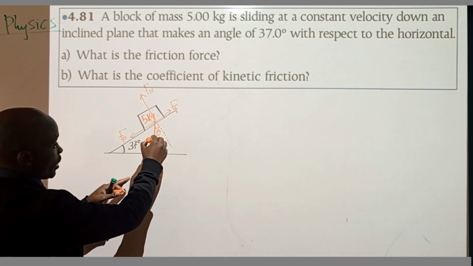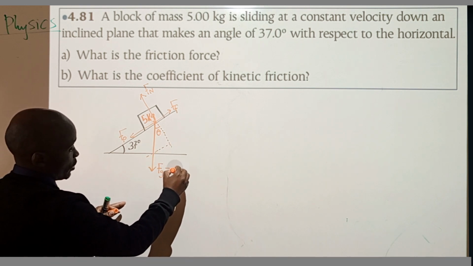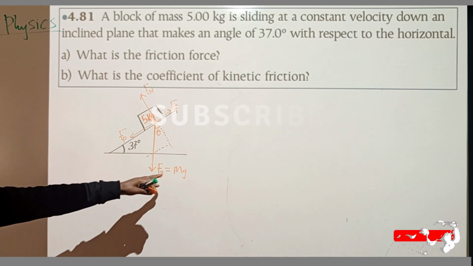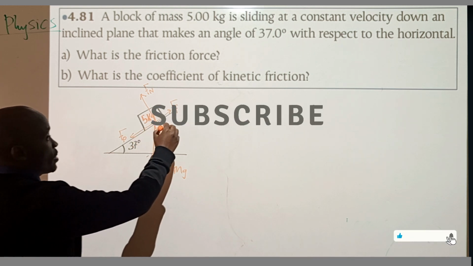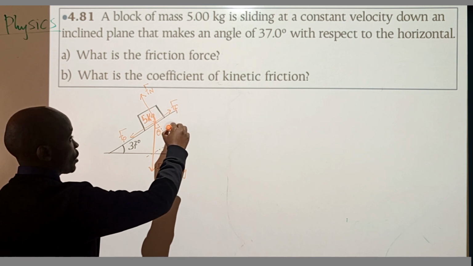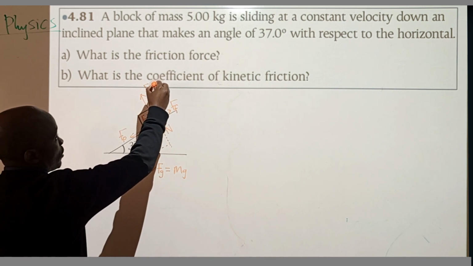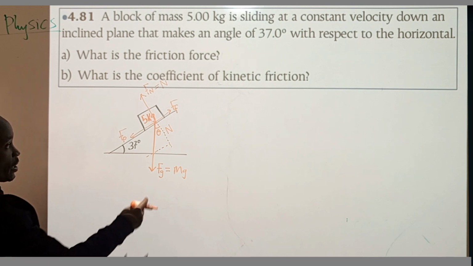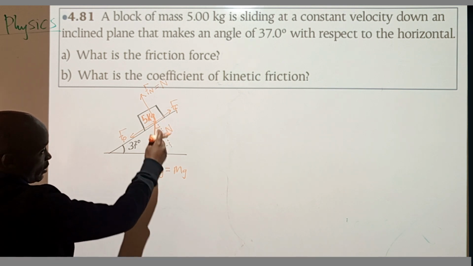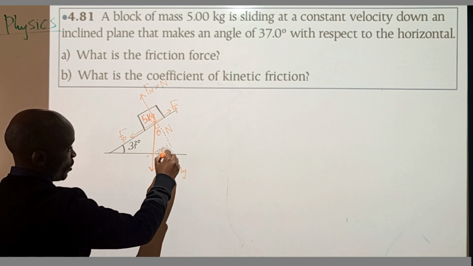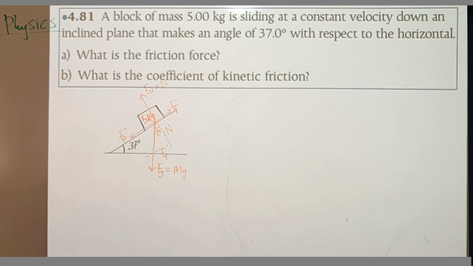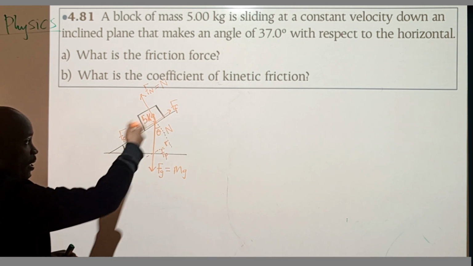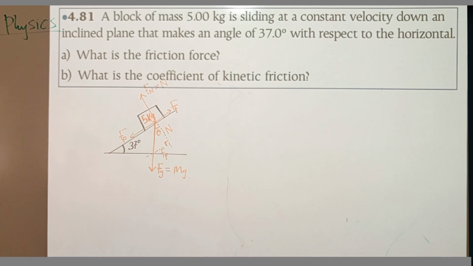Given this is Fg, which we know is the weight given by mass times gravitational field strength, this is the normal force, so just draw the N. And we can now rewrite both N and Fp, where Fp is the component of the force that is parallel to the slope.